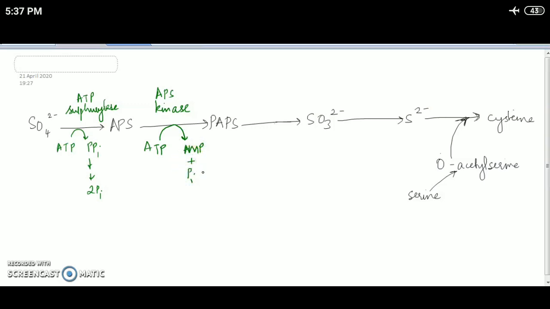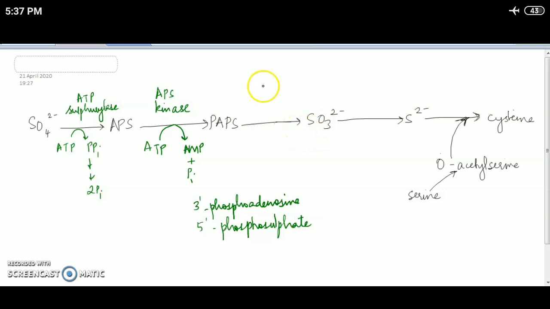APS, let me remind you, stands for adenosine 5' phosphosulfate. Here an ATP is taken up, and the adenosine part of the ATP is combined with the sulfate, and pyrophosphate is released. When the pyrophosphate is released, it finally forms two inorganic phosphate molecules.